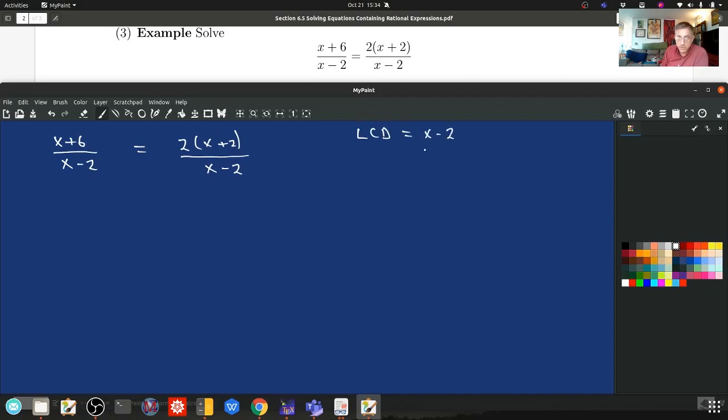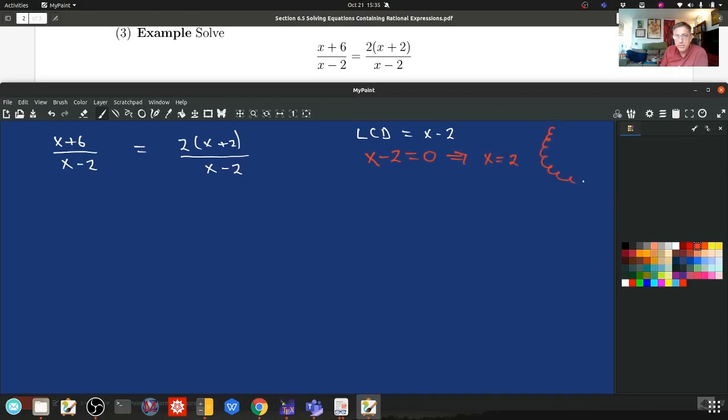And really, once you find the LCD, once you know what it is, to find the values that have to be excluded, you just set the LCD equal to 0. You don't have to set each individual denominator equal to 0, but just the LCD, and that works just as well. So x minus 2 equals 0 implies x is equal to 2.